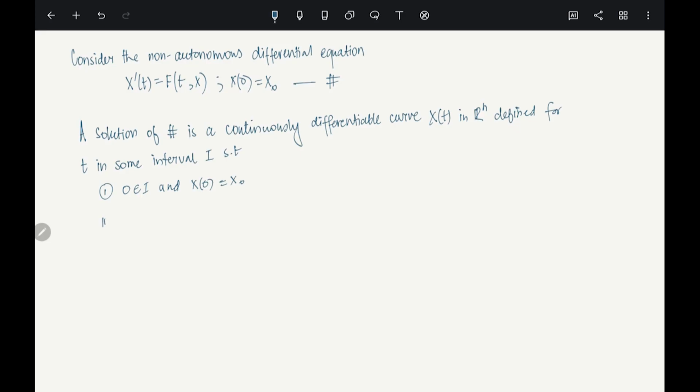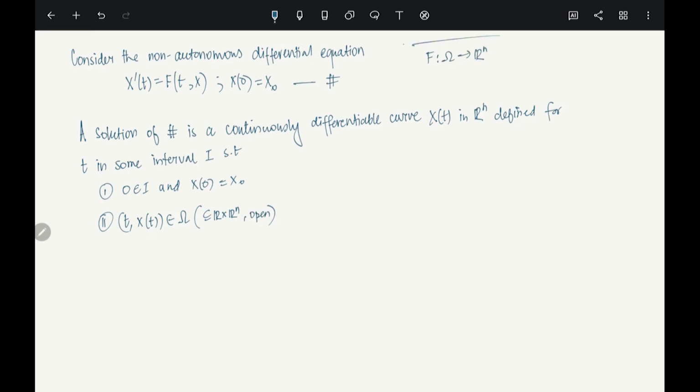Clear? And number 2, for all t, x of t must be in some omega. What is omega? I will define omega. So omega is a subset of R cross Rn, an open subset of R cross Rn, and we are going to define f from omega to Rn.